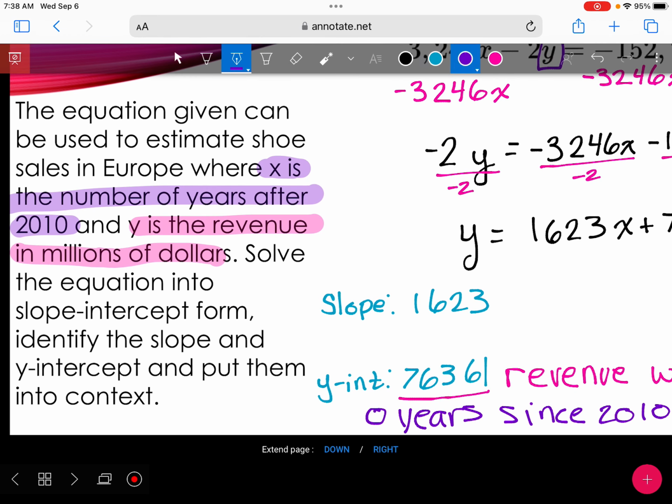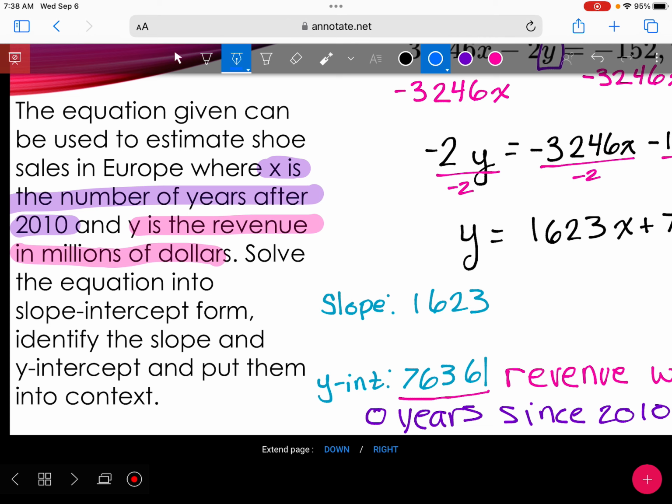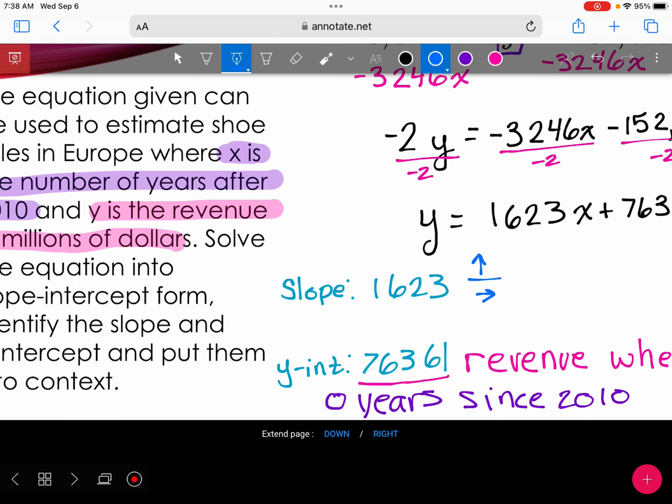With slope, how do we move with our slopes? Like in general, not in terms of this problem. How do I move with a slope? Rise over run, right? Our rise has to do with the y's, and our run has to do with the x's, right?